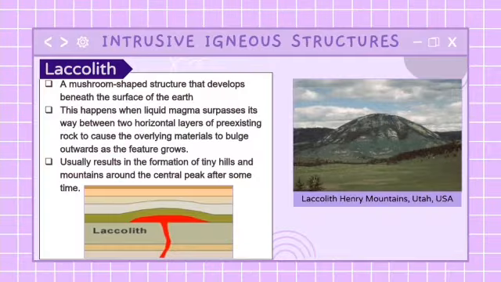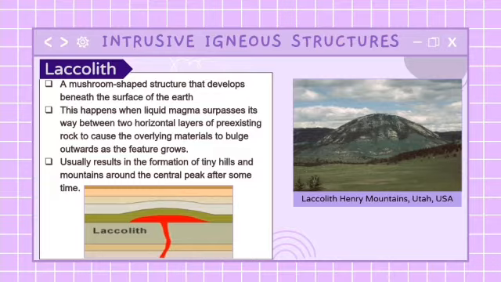So the first one is a laccolith. A laccolith is a mushroom-shaped intrusion that develops beneath the Earth's surface when liquid magma pushes its way between two horizontal layers of pre-existing rock to cause the overlying materials to bulge outward as the feature grows.